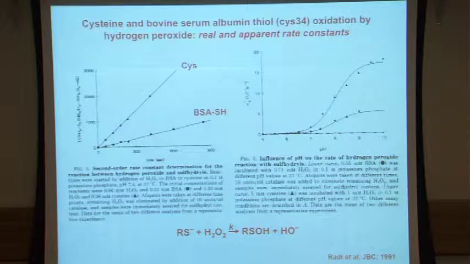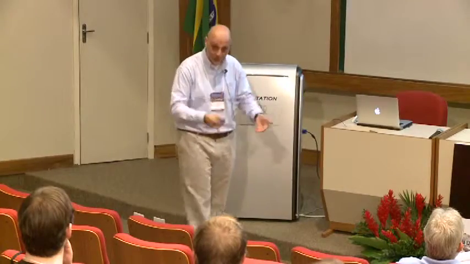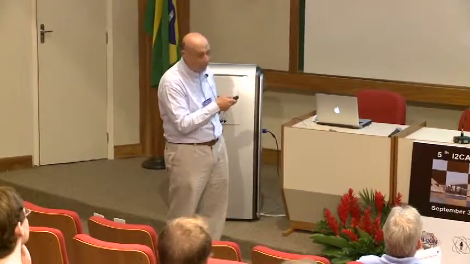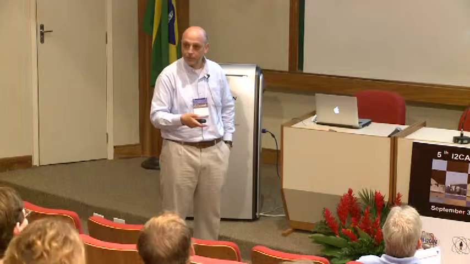If you oxidize a thiol with hydrogen peroxide at different pHs, you see that the oxidation goes faster at more alkaline pH. Why is this? Because of the dissociation of the thiol to the thiolate. If you have more thiolate, which is the deprotonated form of cysteine, the reaction goes faster. Therefore, if you move to alkaline pH, the reaction goes faster.